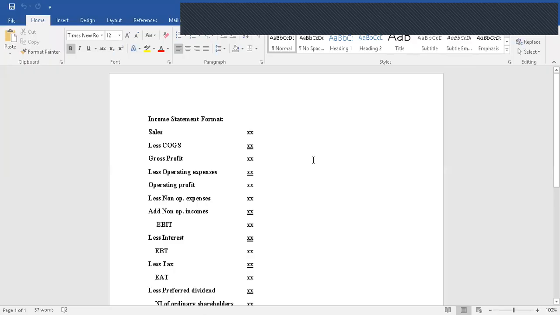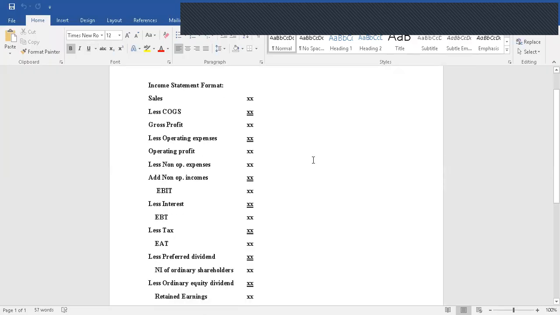So this is the format of income statement. We were talking about contingent liabilities that may arise.